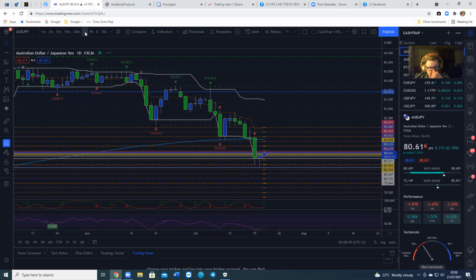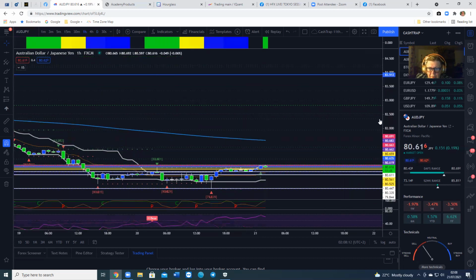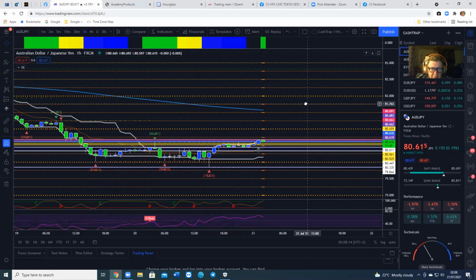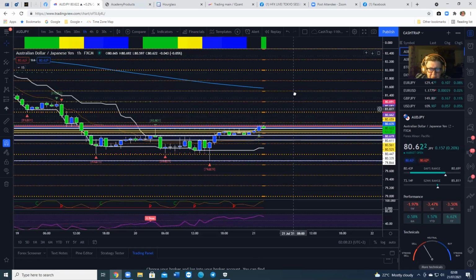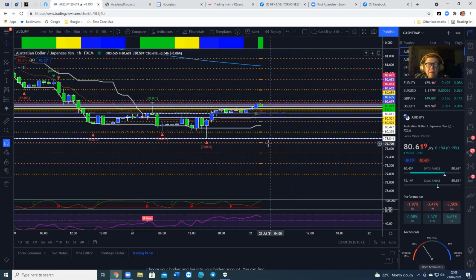We come down to the hourly and look at what's been happening there. Then there's that line that we've just been discussing. This is a line of support and resistance, the orange dotted line as well, and it's a very strong area.